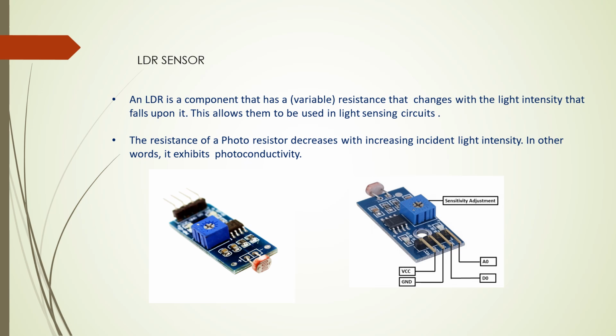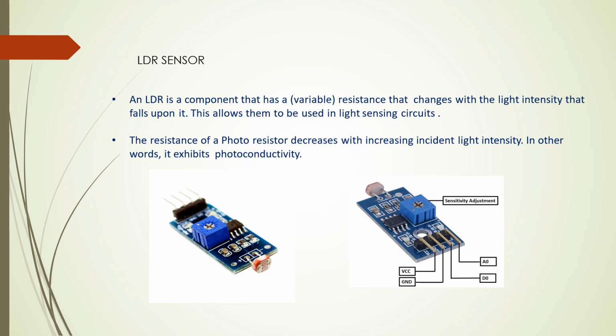And also the LDR sensor. The LDR is a component whose resistance changes with the light intensity that falls upon it. This allows it to be used in light sensing circuits. The resistance of a photoresistor decreases with increasing incident light intensity. In other words, it exhibits photoconductivity.